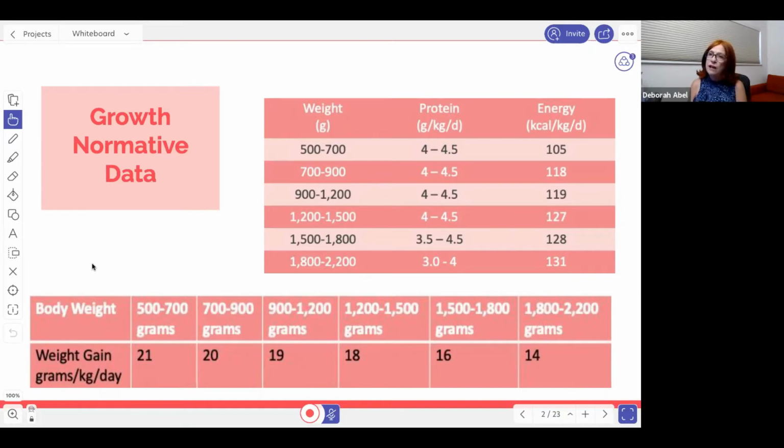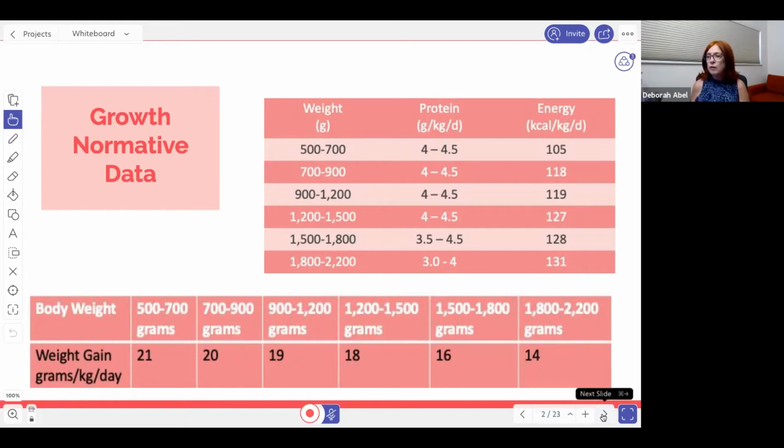Most of it is based on the weight of the baby. So in our scenario, I believe this little baby Jackson is 880 grams. So you're going to want to look at the protein requirements and the energy requirements for an 880 gram infant and the growth velocity for an 880 gram infant. And those will be very important that you understand.